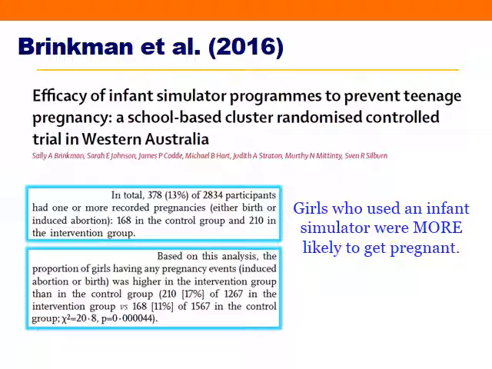Notice that their chi-square statistic is actually the same as ours, and they wrote out the whole p-value. Whereas we said p is less than 0.001, the actual p-value here was 0.00004. So again, a very small number showing a statistically significant difference.